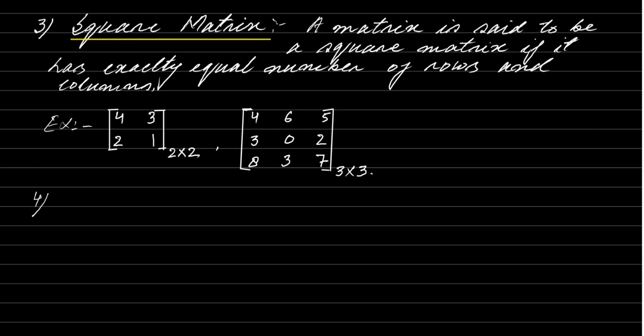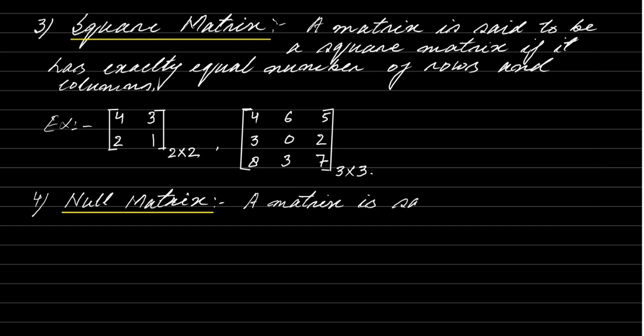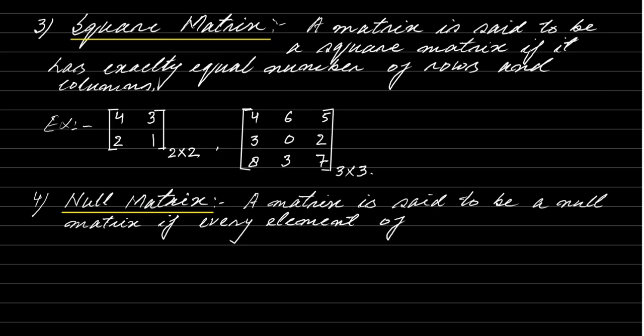Now let's talk about the fourth matrix, which is a null matrix. A matrix is said to be a null matrix if every element of it is 0.